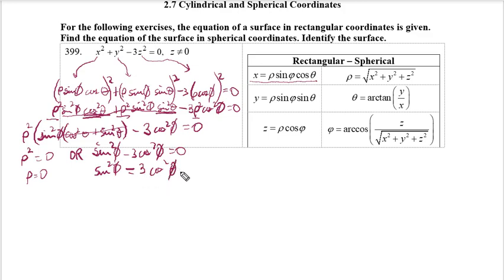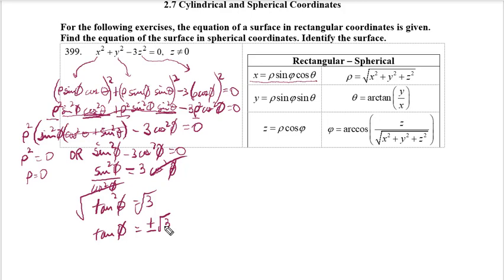If we divide both sides by cosine squared phi, we get tan squared phi equals 3. If we take the square root of both sides, we get tan of phi equals plus or minus the square root of 3.